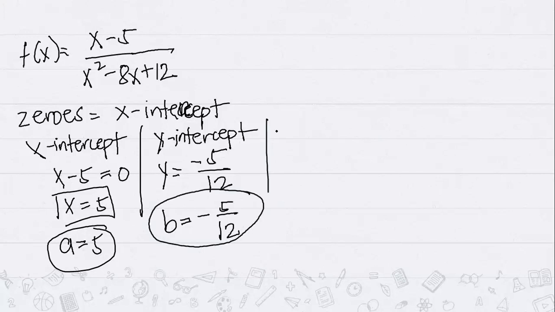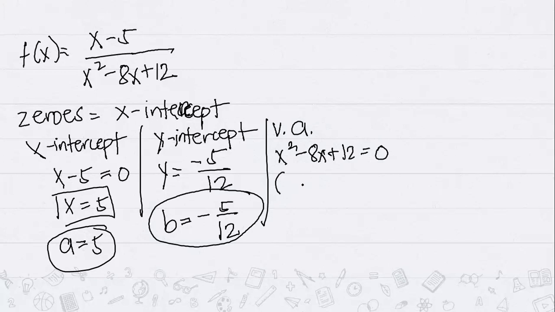And then we have our vertical asymptote. VA na lang, vertical asymptote. So we have here, kunin si denominator. We have x squared minus 8x plus 12 equals 0. Okay. Ngayon, class, factor out.